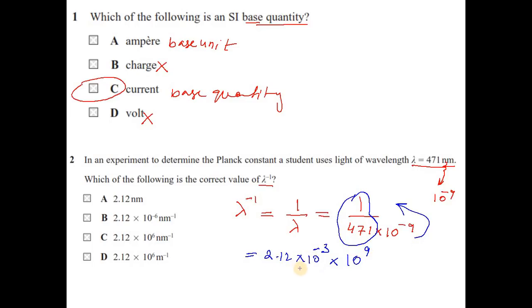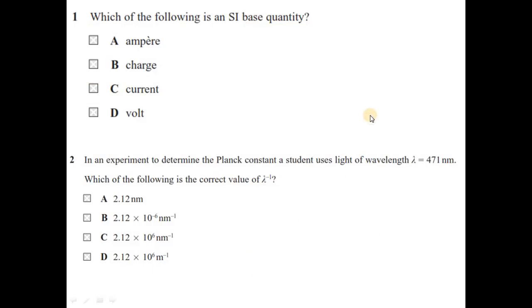Clearly, if you simplify this, you can find your option is D, 2.12 into 10 to the power 6 meter inverse. So your option is D. So question number 1 is C and 2 is D.